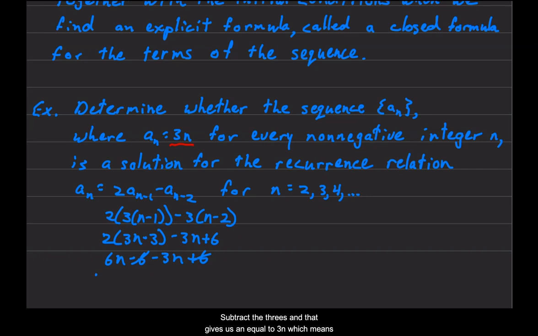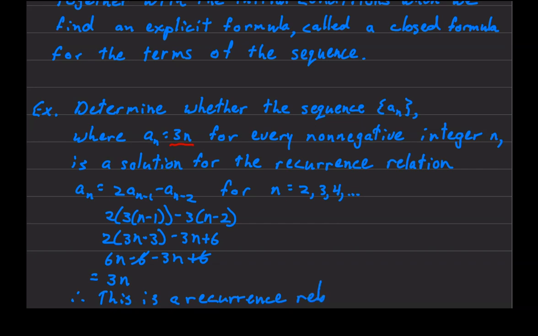Subtract the 3's, and that gives us an equal to 3n, which means, therefore, this is a solution to the recurrence relation for an is equal to 3n.